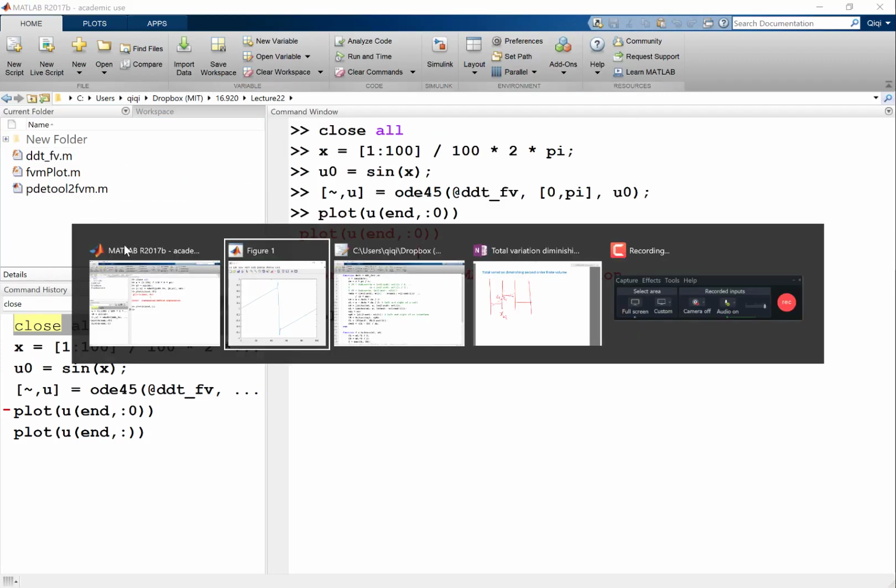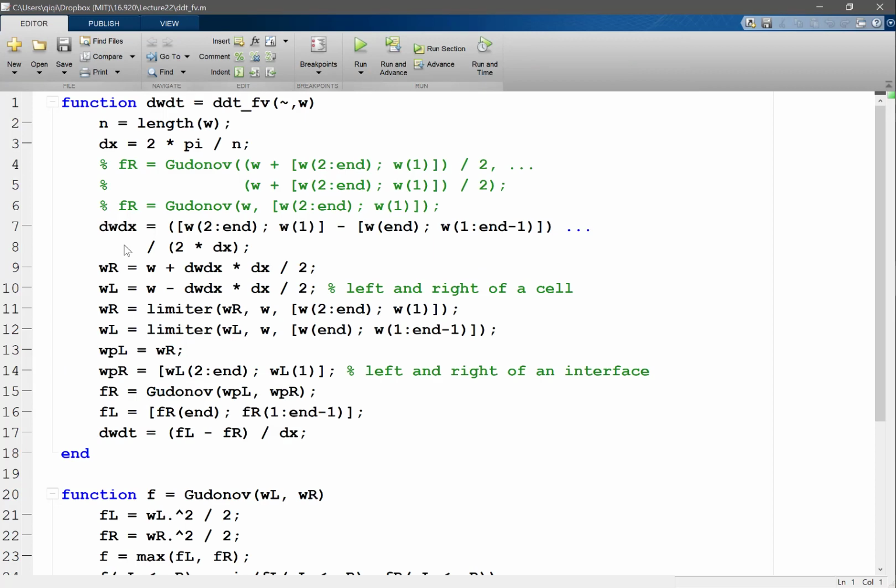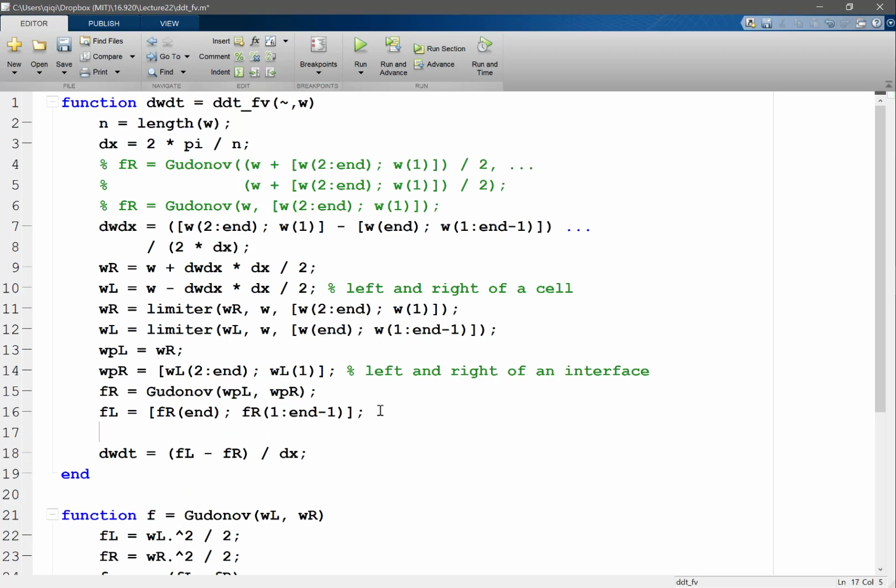Well, let's figure out why by trying to catch what it is not supposed to do. What a total variation diminishing scheme is not supposed to do is increase a cell average that is already a local maximum, or decrease a cell average which is already a local minimum, right? So let's put a breakpoint over here to see when that actually happens.